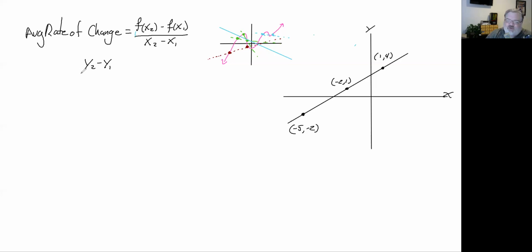But that difference in y in ratio to the difference in x, what makes a line special is that this value, the rate of change or the average rate of change for any points, is always the same number m.